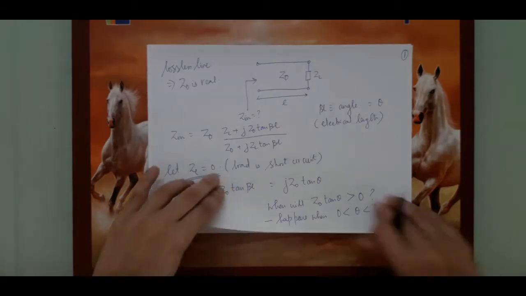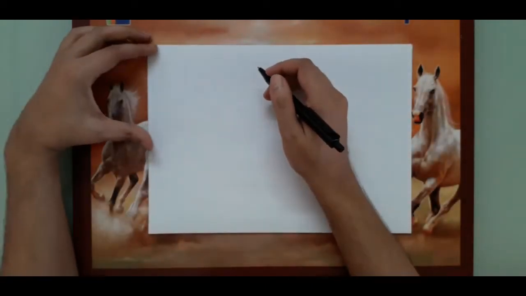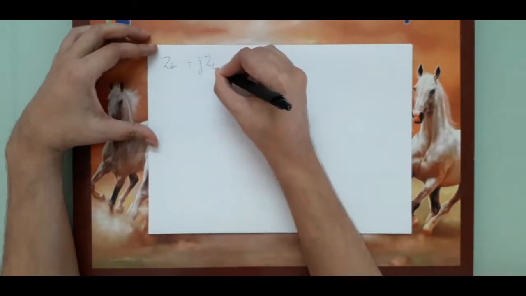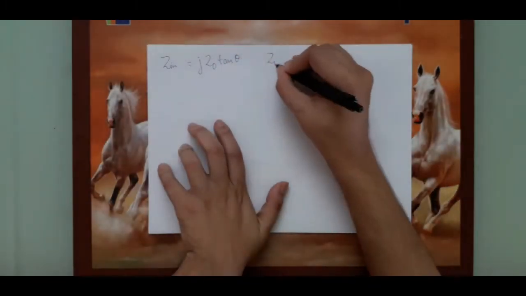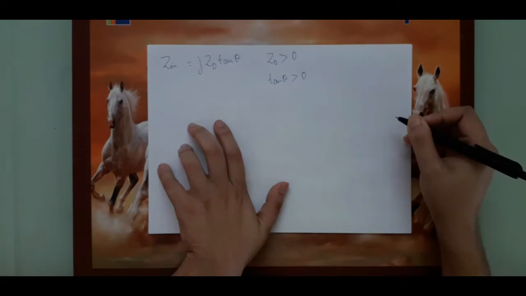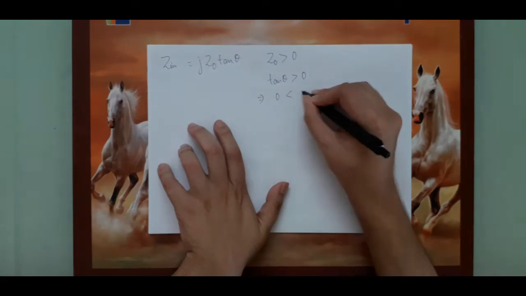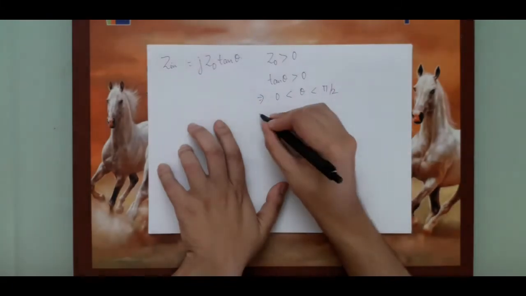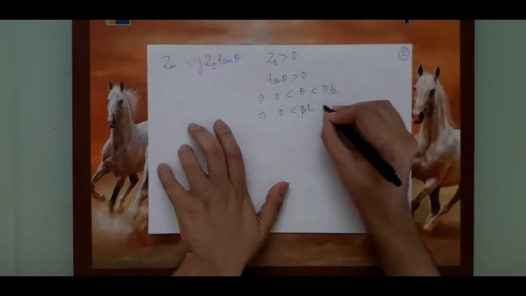So now if I say that Zin is nothing but JZ0 tan theta, and I know that Z0 is more than 0 and tan theta is also more than 0. So we have established the bound that 0 less than theta less than pi by 2, and theta, you know, is beta L, less than pi by 2.